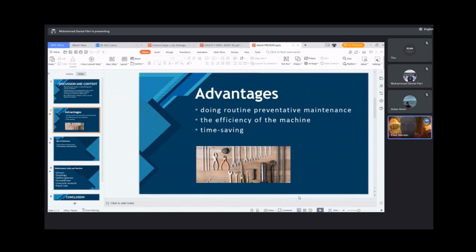Preventive maintenance of the machine can ensure optimal working condition and can maintain the lifespan of the equipment. Next is time saving. Minor hiccups in machine operation could result from planned repair, but this won't be taken seriously in comparison to the actual delay brought on by a breakdown. Next slide.